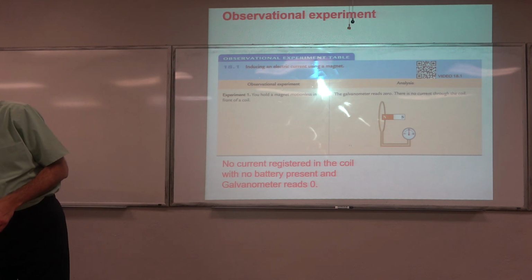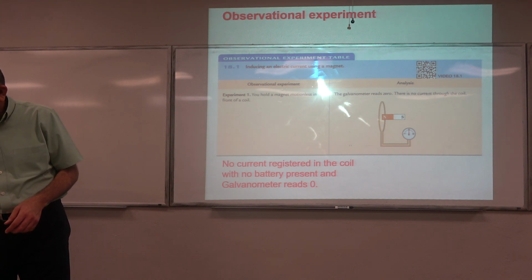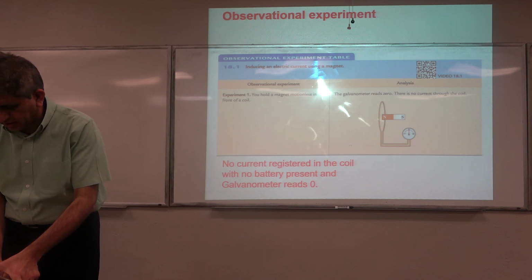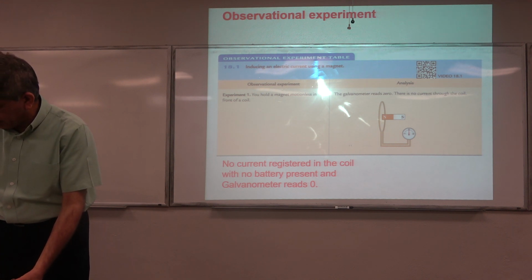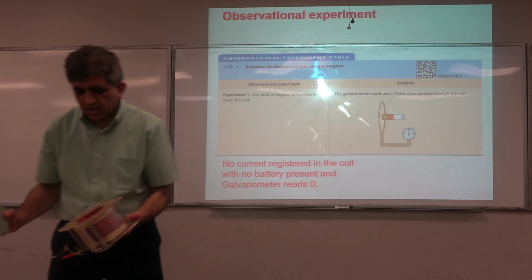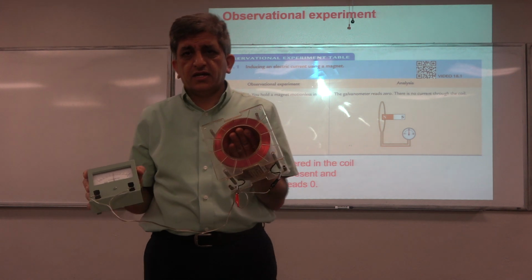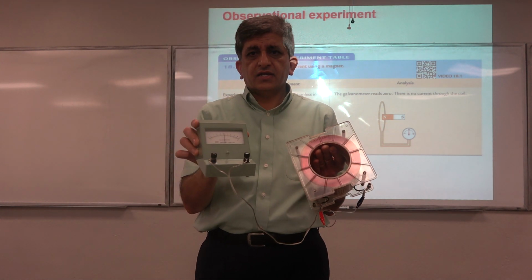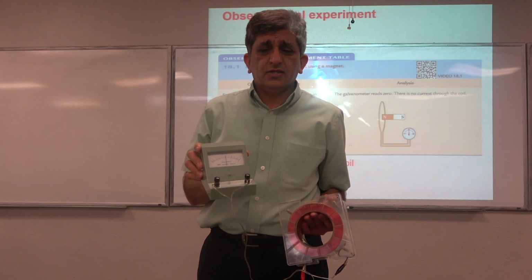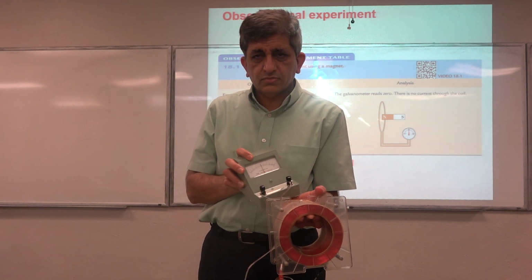And then there is a galvanometer, whose deflection will tell me if there is a current flowing through this. So I have this coil and a galvanometer. The needle of the galvanometer is in the middle, which is showing you 0.